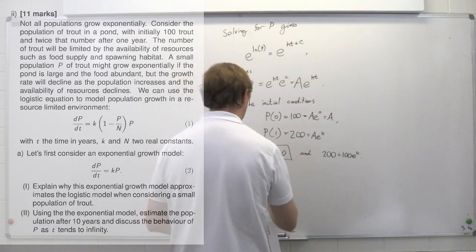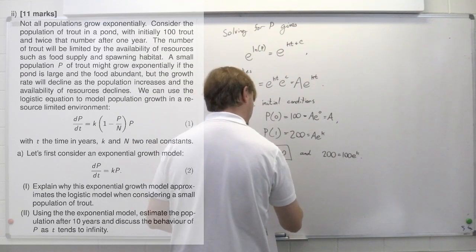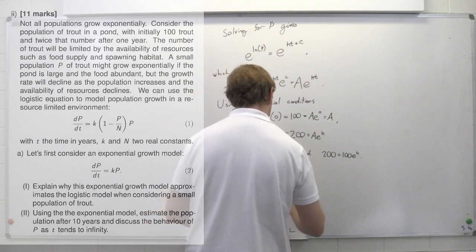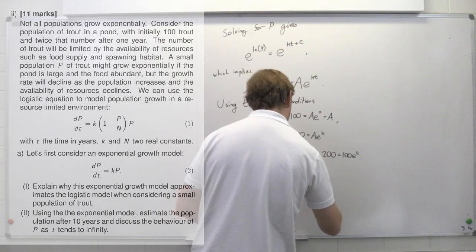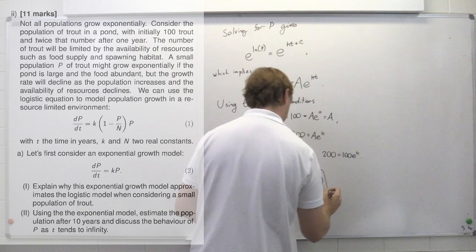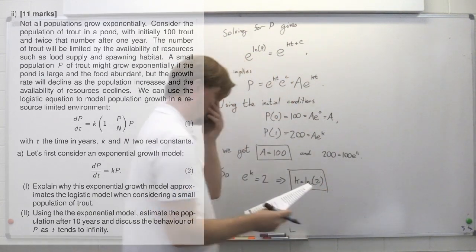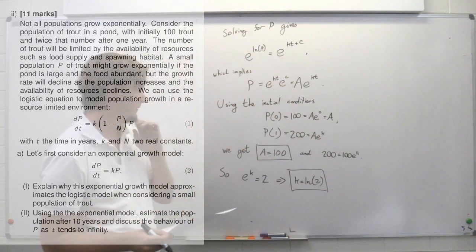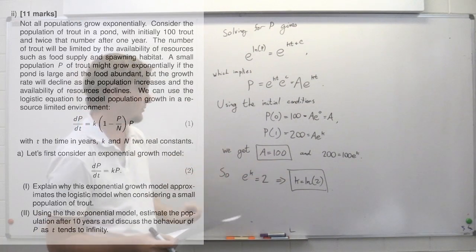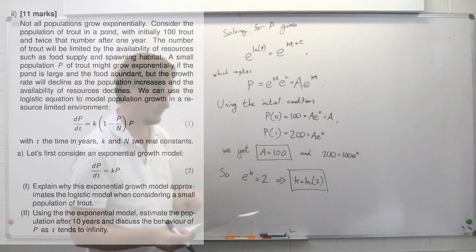So just looking at this one here, e to the k is equal to 2, which implies k is log 2. So we have the parameters we need in our model. We know the a and the k.